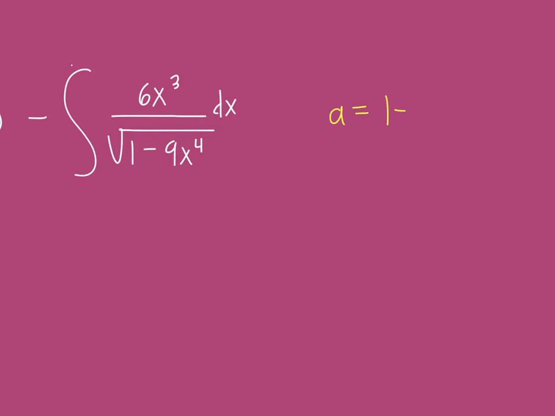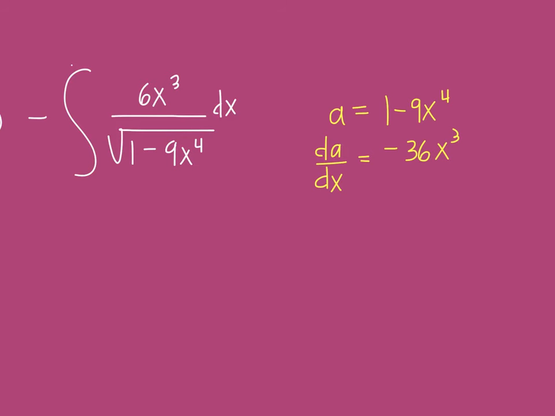Okay, what is inside of the radical? 1 minus 9x to the 4th. I choose that because dA dx will then be negative 36 x to the 3rd, which looks good to me because I have that 6x cubed in there.